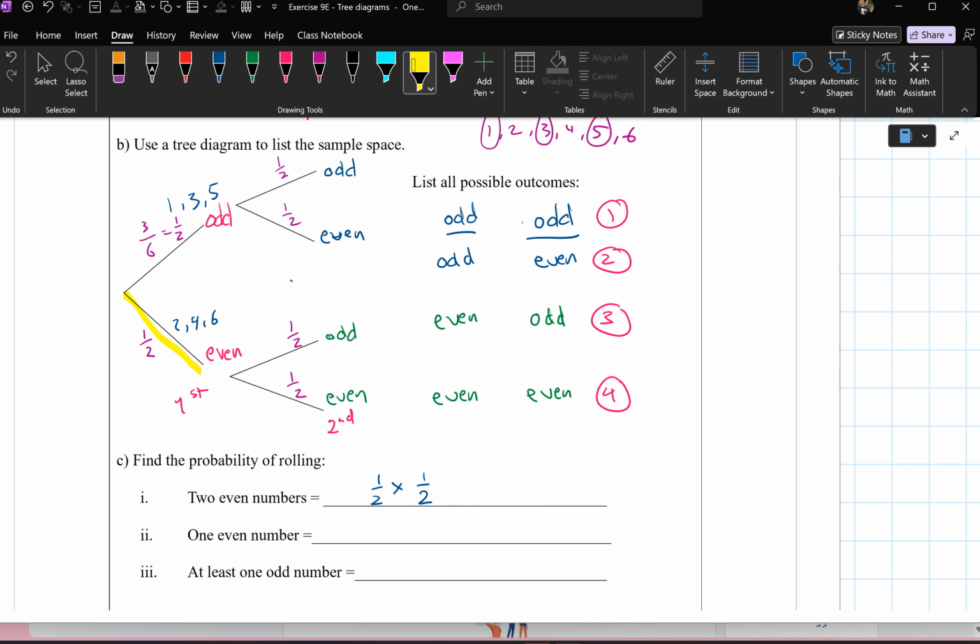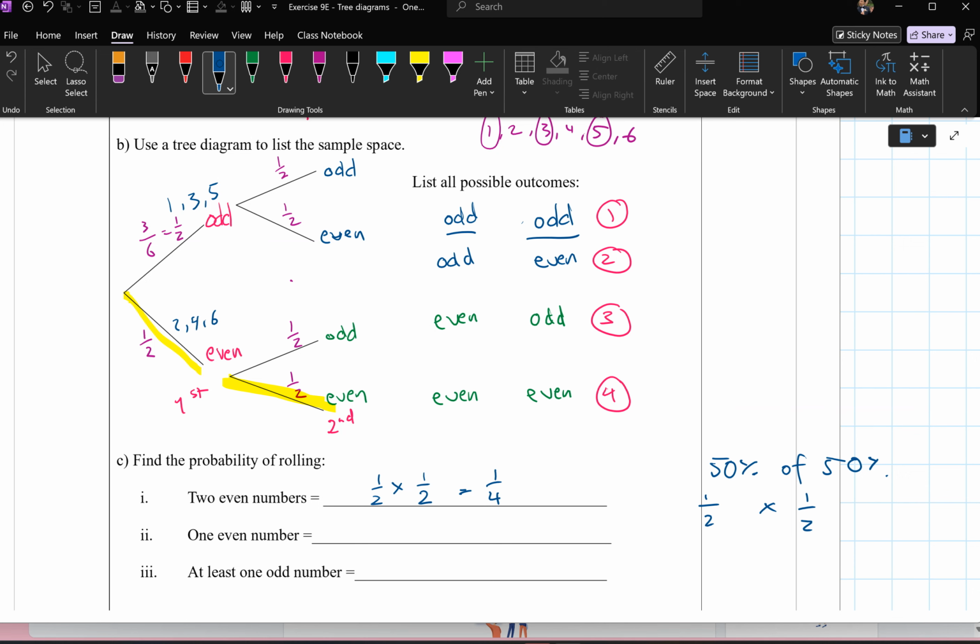I'm doing half a chance of getting an even, so 50% chance of getting even. But then you got another 50% of that 50%. So you're doing half times half, which is a quarter. And for some of you, you know that a quarter is 25%.